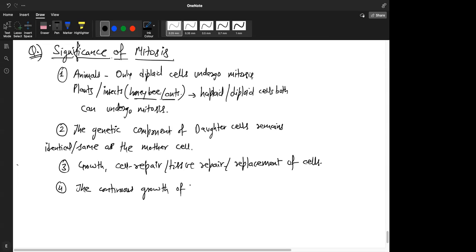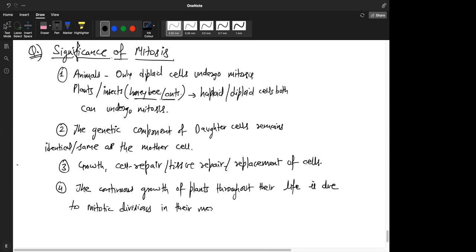The continuous growth of plants throughout their life is due to mitotic divisions in their meristematic tissues. Is it clear?